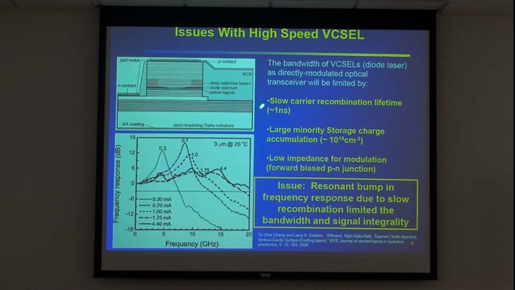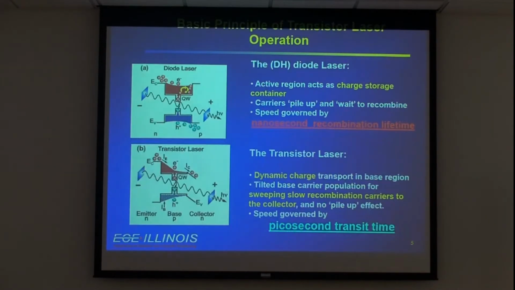The slow carrier recombination and large minority storage charge time will also give you a resonant band over here. This low resonant band will affect your eye diagram measurement. You will get overshoot on your eye diagram, and that will affect your bit error rate also.